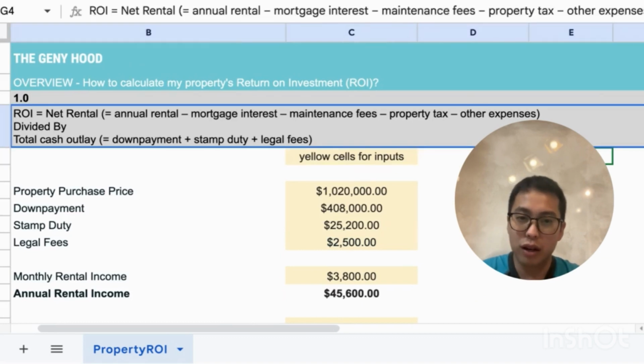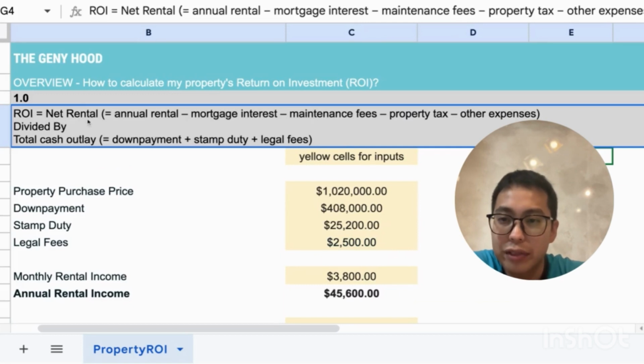Okay, let me try to explain what is here, based on my best understanding. Number one, the thing you need to know is the ROI. What does it mean? So here my wife put for me net rental.